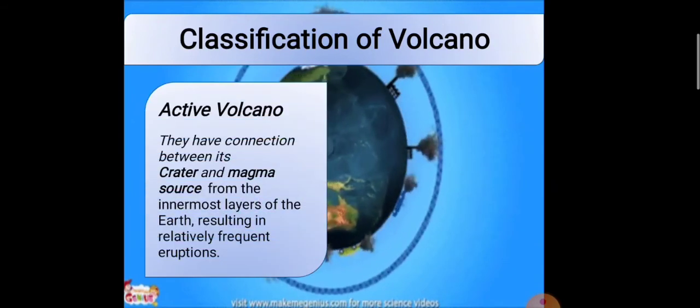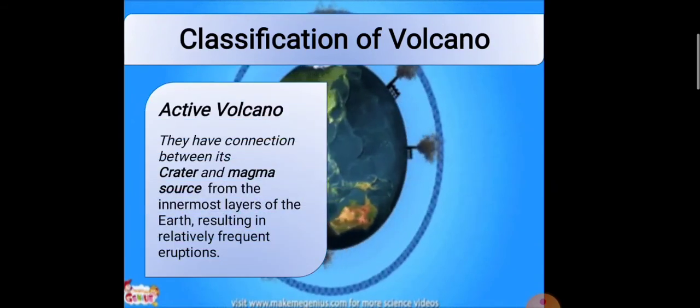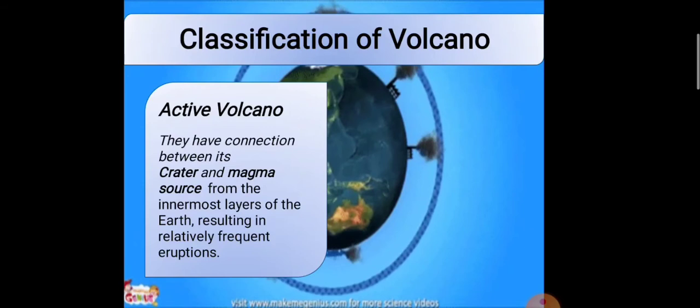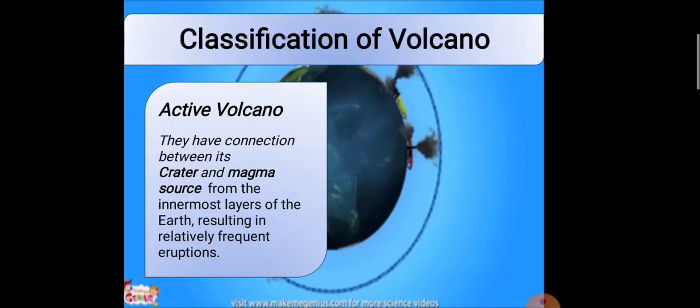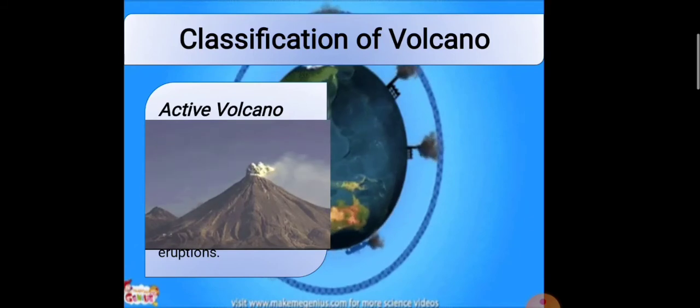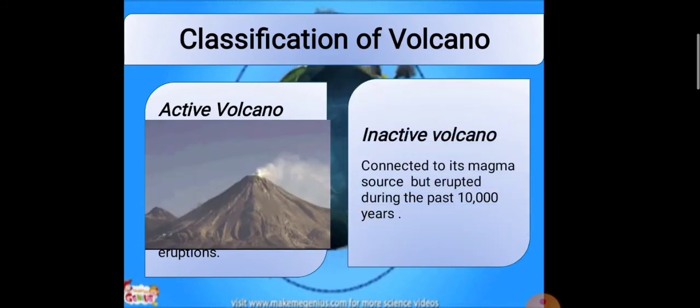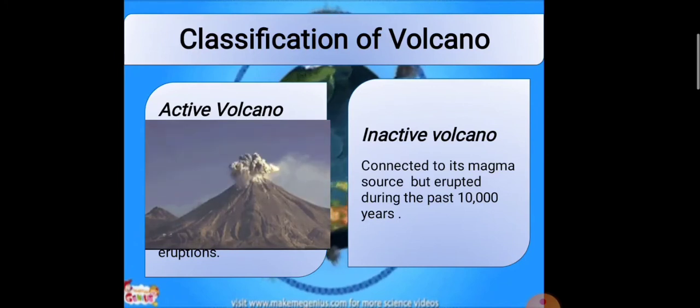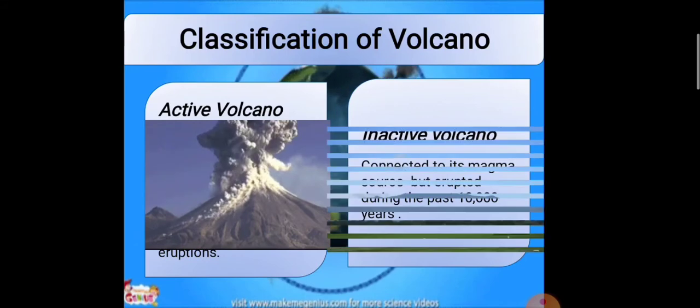So classification of volcano. So the active volcano has a connection between its crater and magma source from the innermost layers of the Earth, resulting in relatively frequent eruption. Then is the inactive volcano, connected to its magma source but last erupted more than 10,000 years ago.